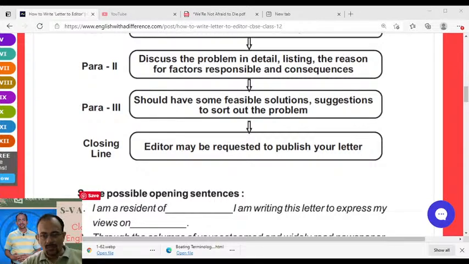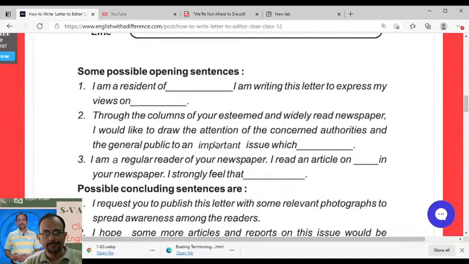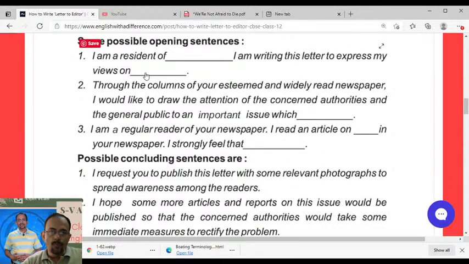Then see this one. Some possible openings can be like this: I am a resident of dash. I am writing this letter to express my views on. Through the columns of your esteemed and widely read newspaper, I would like to draw the attention of the concerned authorities and the general public to an important issue which.